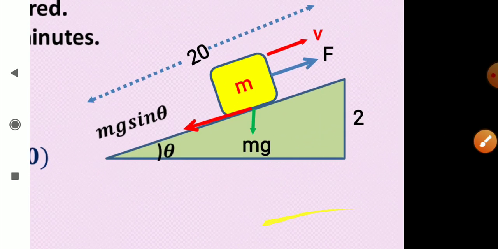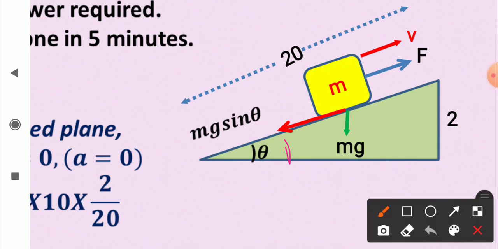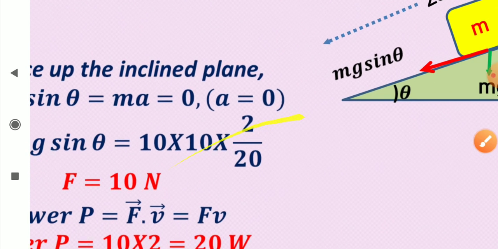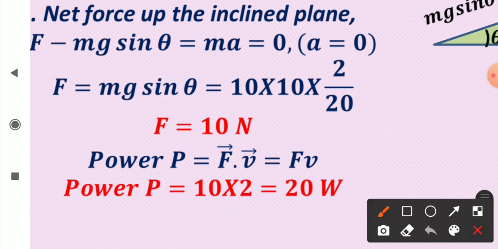For this inclined plane, sine theta is height 2 upon hypotenuse 20. So sine theta is 2 upon 20, and when you simplify, you get 10 Newton.